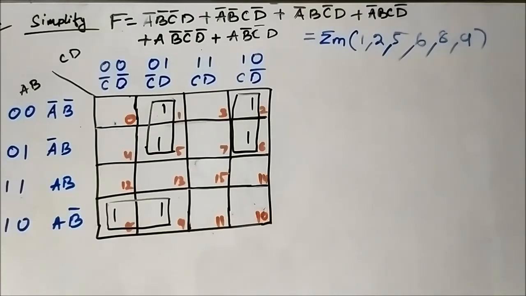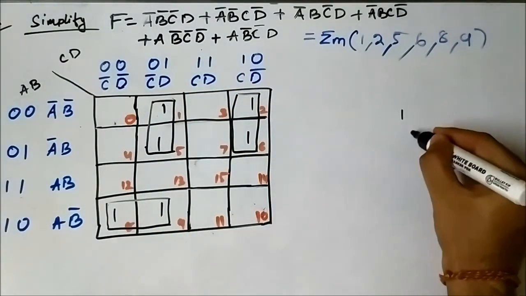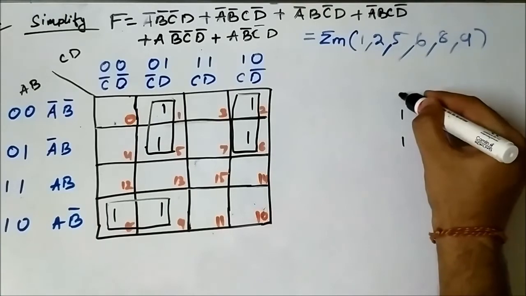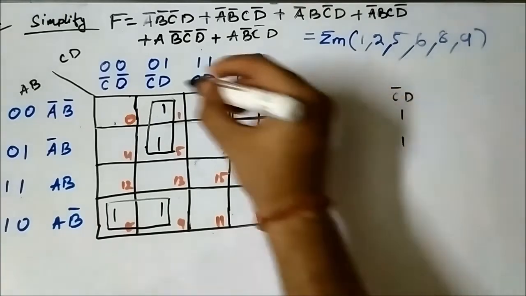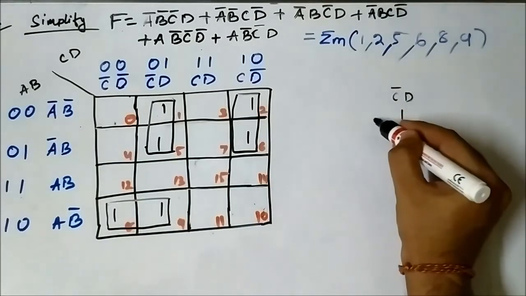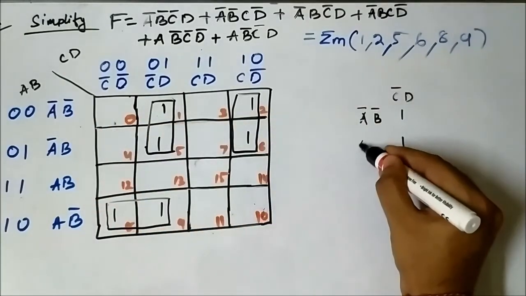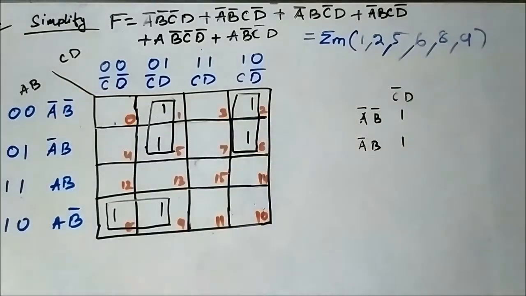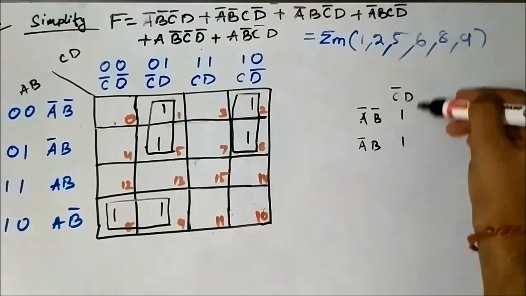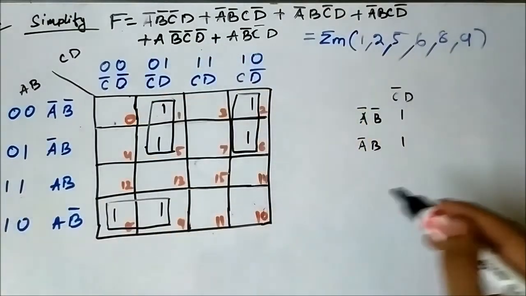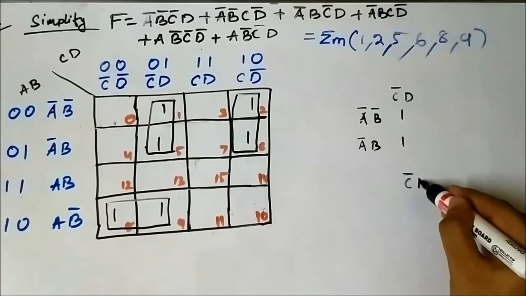Now we have to find the common variables. First let us consider this group. Let us write the vertical and horizontal variables. C bar D on the vertical side, and on the horizontal side we have A bar B bar, A bar B. On the vertical side, C bar D is common in both the cells, so C bar D will be there.